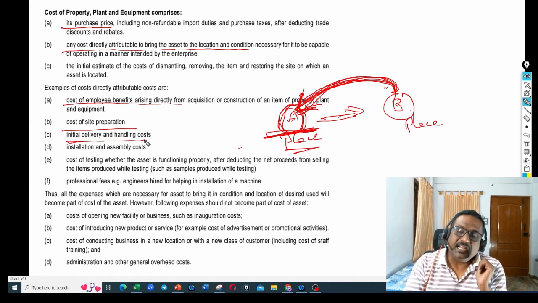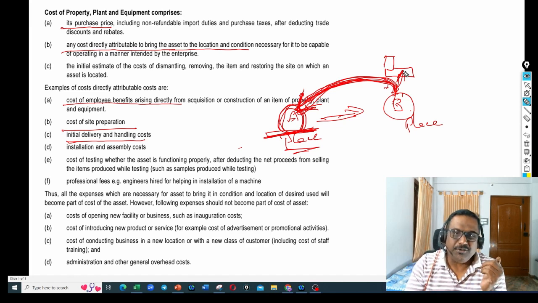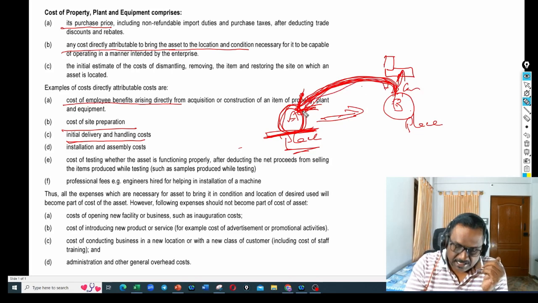Initial delivery and handling costs. If you want to bring this, someone has to load the machinery onto a lorry or a train or goods vehicle. So loading charges, delivery charges.